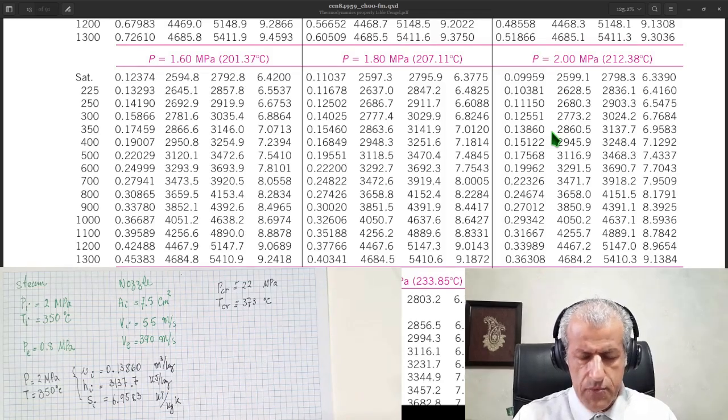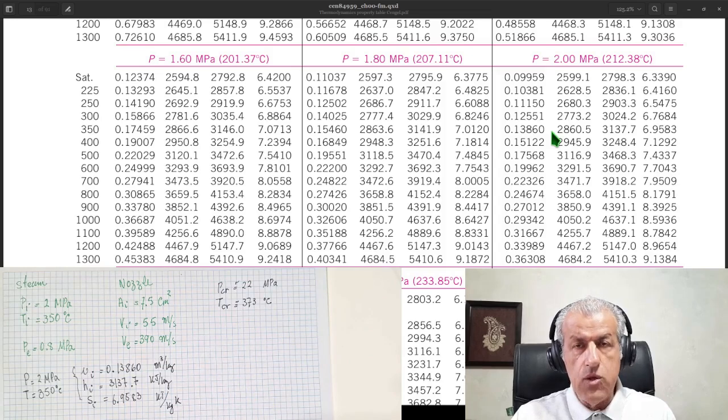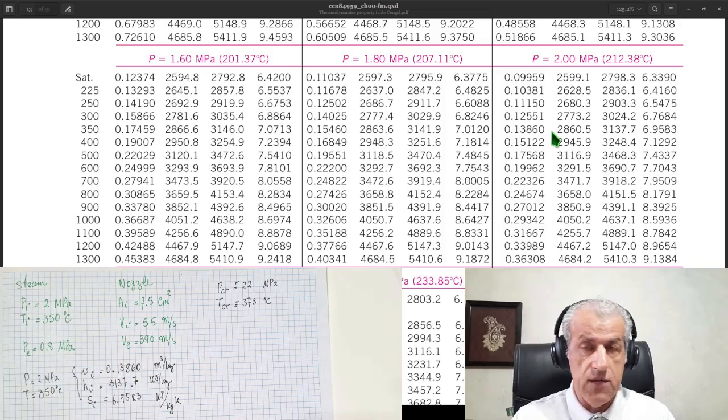It's a good job to know what the saturation properties for 0.8 are, since we have only the pressure and we don't know if the final condition would be saturated or superheat. So it's good to know the saturation condition right here.